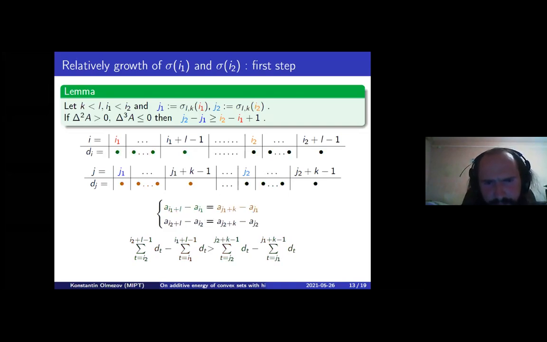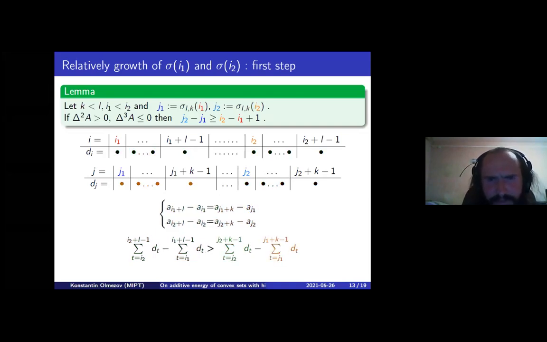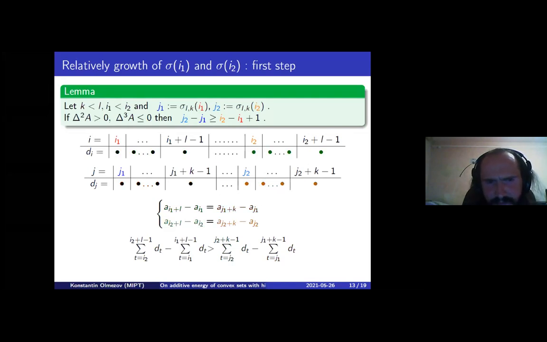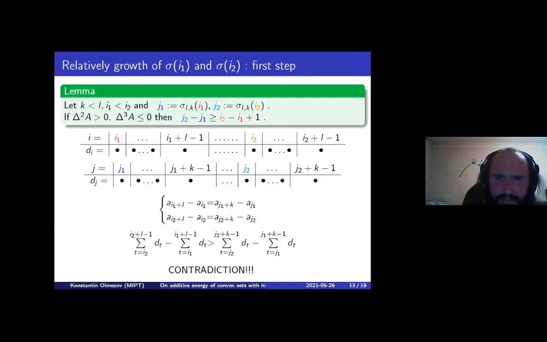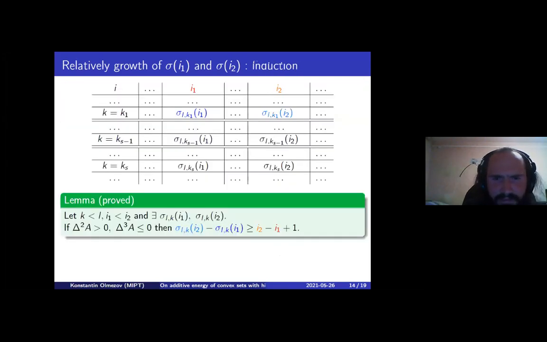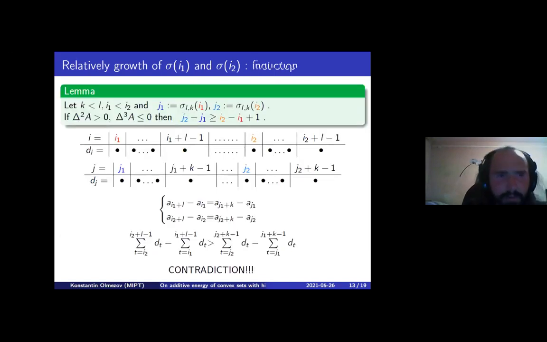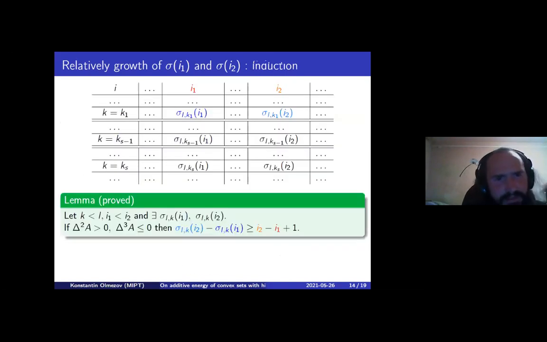And here we have horizontal equalities that can be summed and turn out to a contradiction. That is the end of the proof of our lemma.